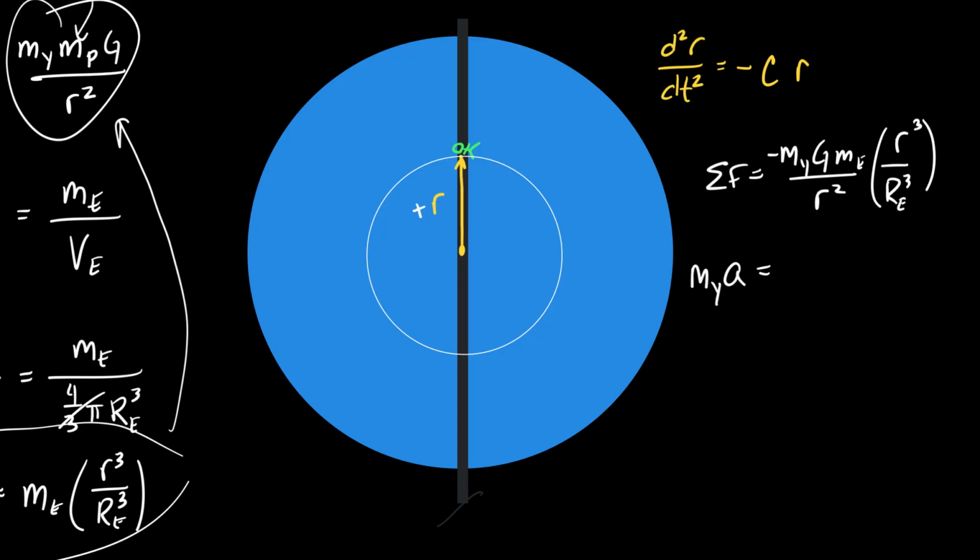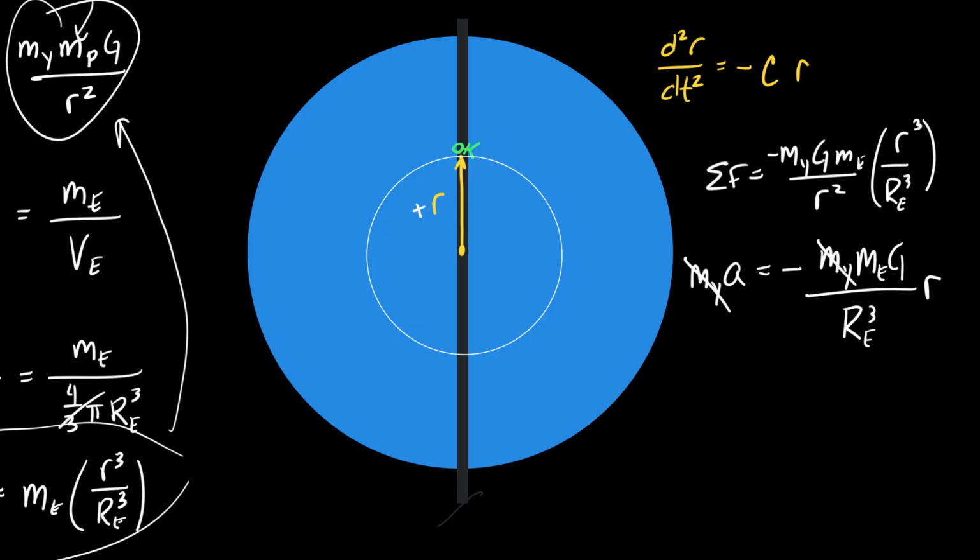So if I just collect some terms over on the other side and make it a little cleaner, I'll get minus the mass of you times the mass of the Earth times G over the radius of the Earth cubed times r. Now I'm going to cancel out the mass of you because obviously that doesn't need to be there.